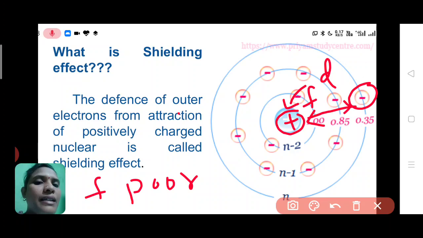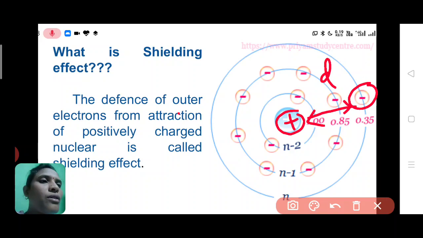It means it cannot defend this outer electron from this nucleus, and that's why the outer electrons are getting strongly attracted to the nucleus. In which element?